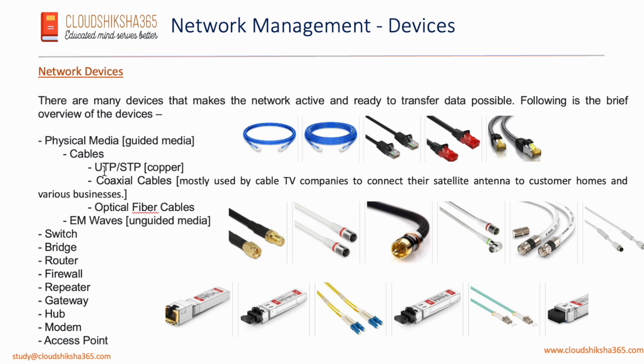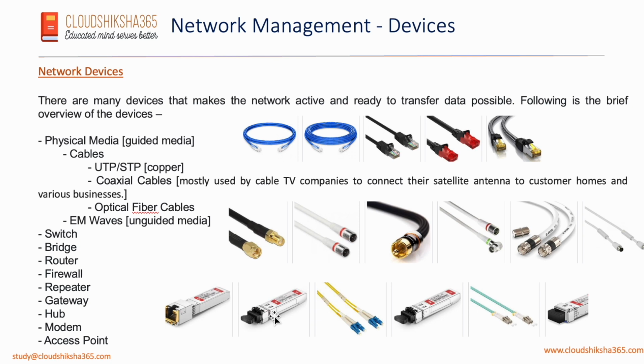There are unshielded twisted pair or shielded twisted pair cables, like the copper cables you see here. These are the network cables, which are twisted pair cables. Then we have coaxial cables. If you have been using TVs at your home, then these are used there, and they are very helpful for high frequency communication or transmission. Then we have optical fibers.